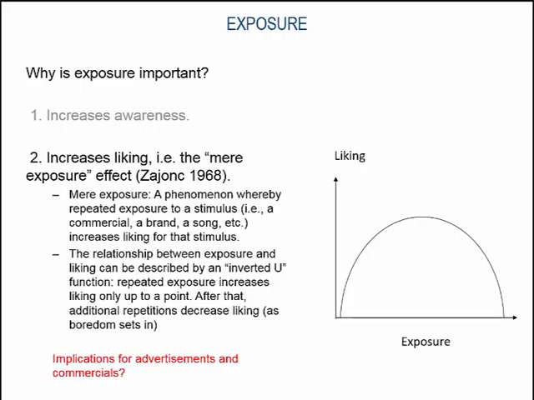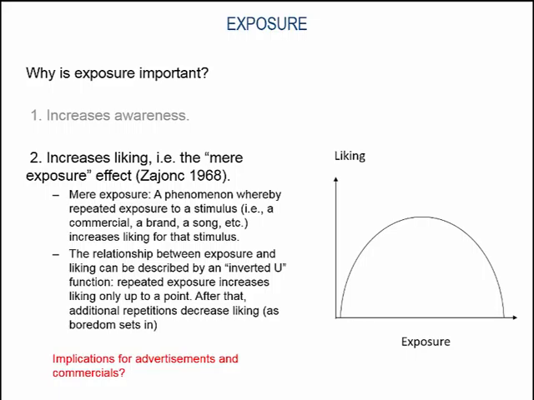Now, this, of course, is true only up to a point. After a certain point, any additional repetitions can actually have the opposite effect, because then we get tired of the repeated stimulus. That is why we say that the relationship between repeated exposure and liking is best described by an inverted U-curve.